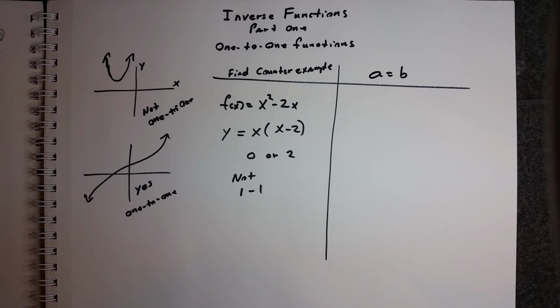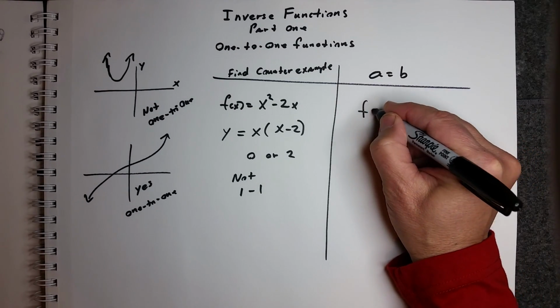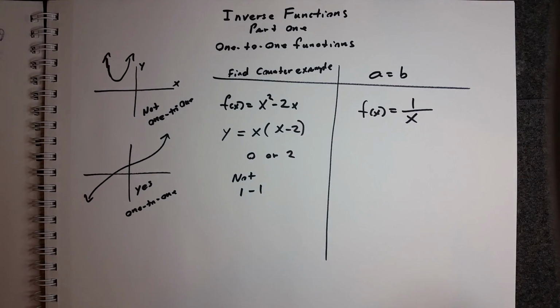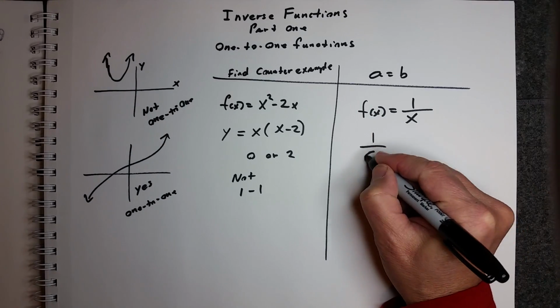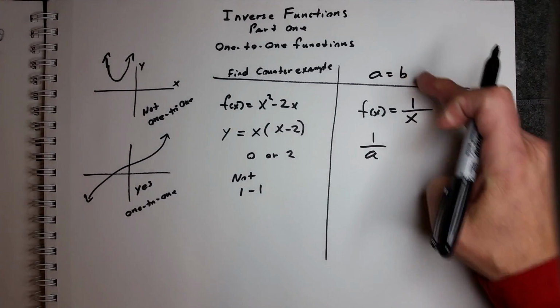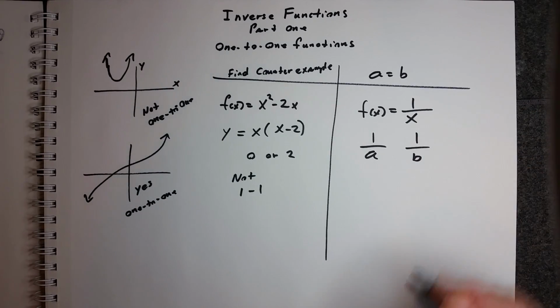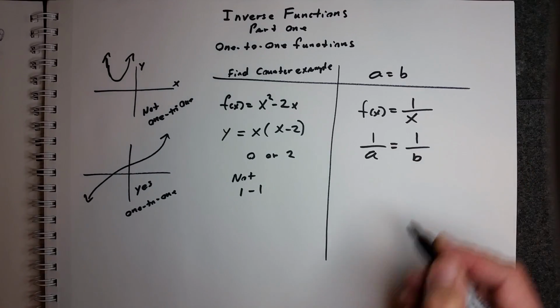So what you do is you have a function, and let's just use something fairly simple, like f of x equals 1 over x, and you want to know, is this a one-to-one function? And so what you do is you put A in, and you get 1 over A. And then you put B into the function, and you get 1 over B. And then you set those two equal to each other.